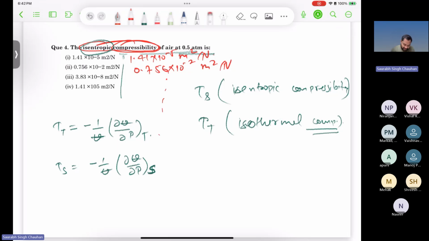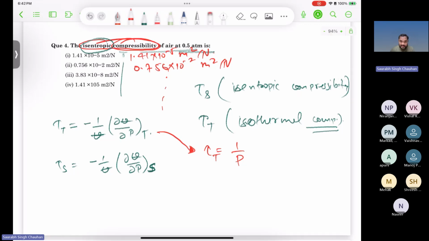So for isothermal, tau is equal to 1 by P. Is this right? Hello? You can simply derive it, okay? You can simply derive it using the ideal gas equation.